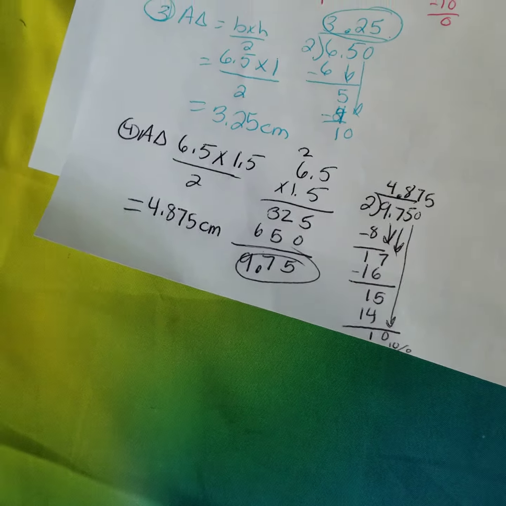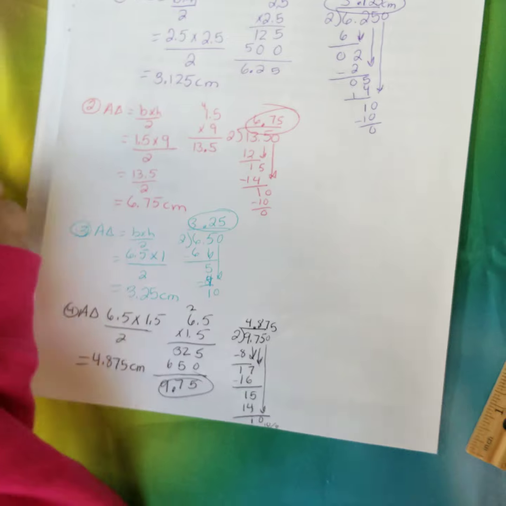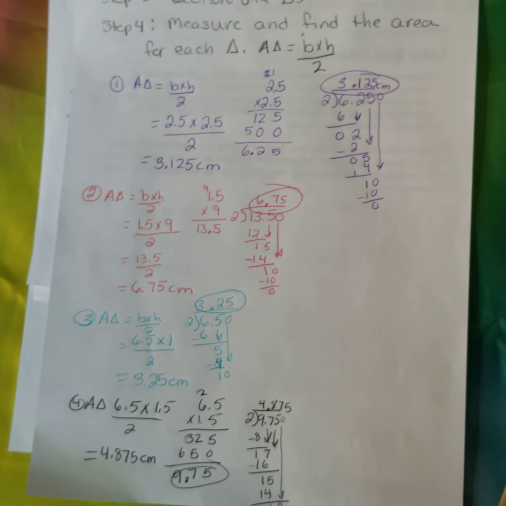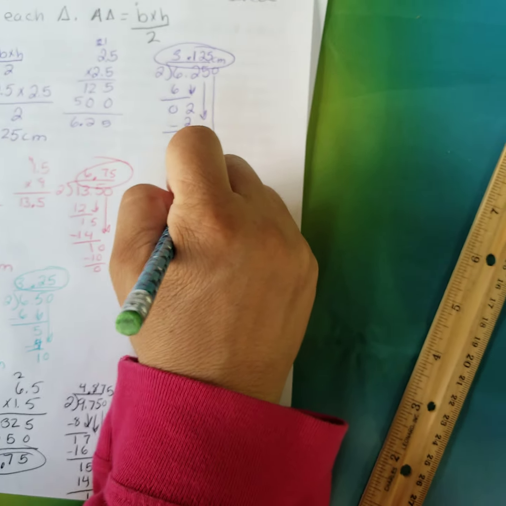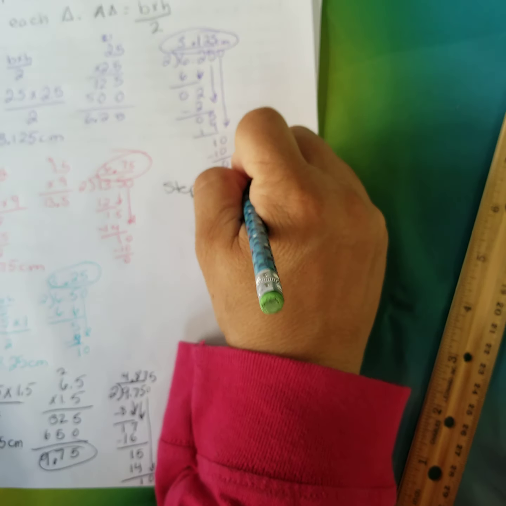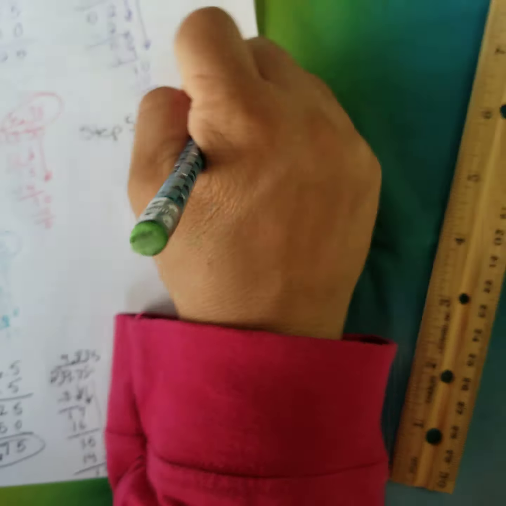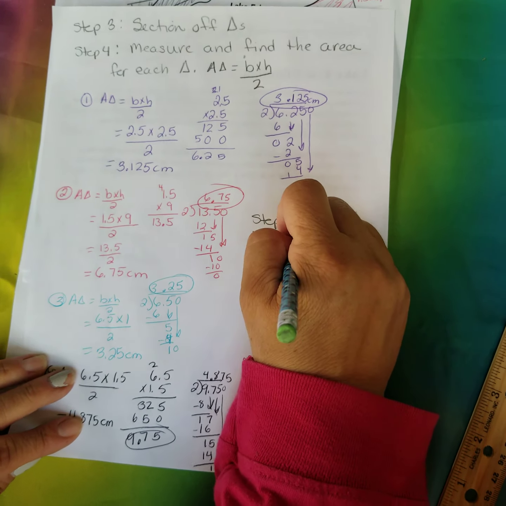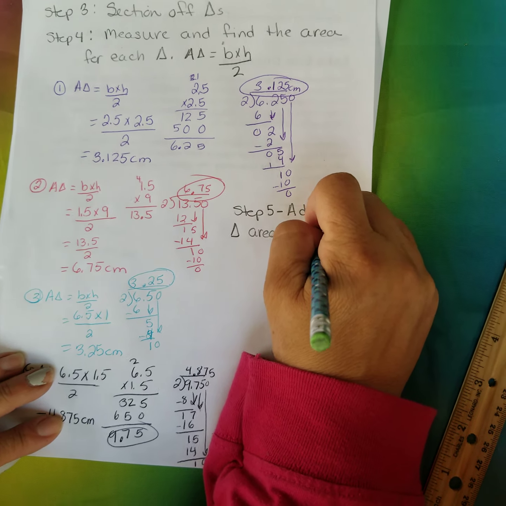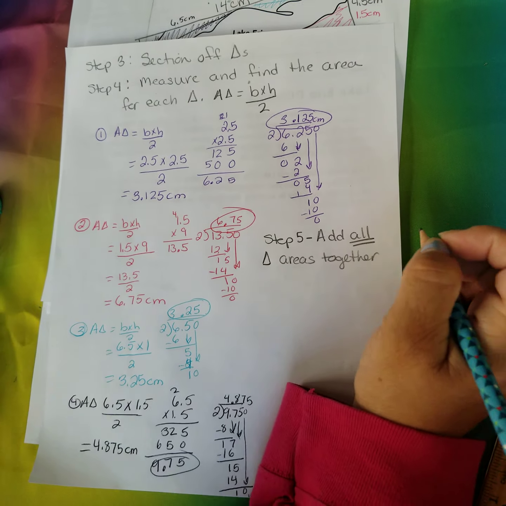Okay, so now that we've done step 4, step 5: add all triangle areas together. Right?